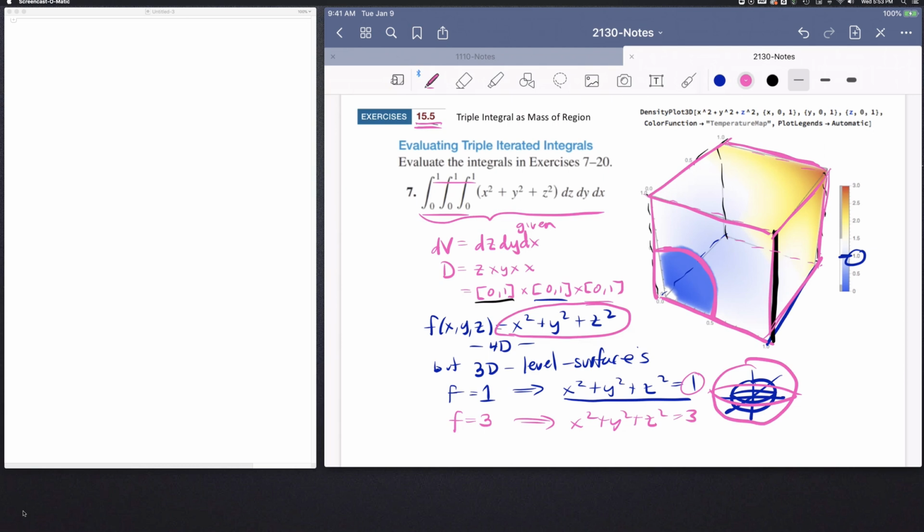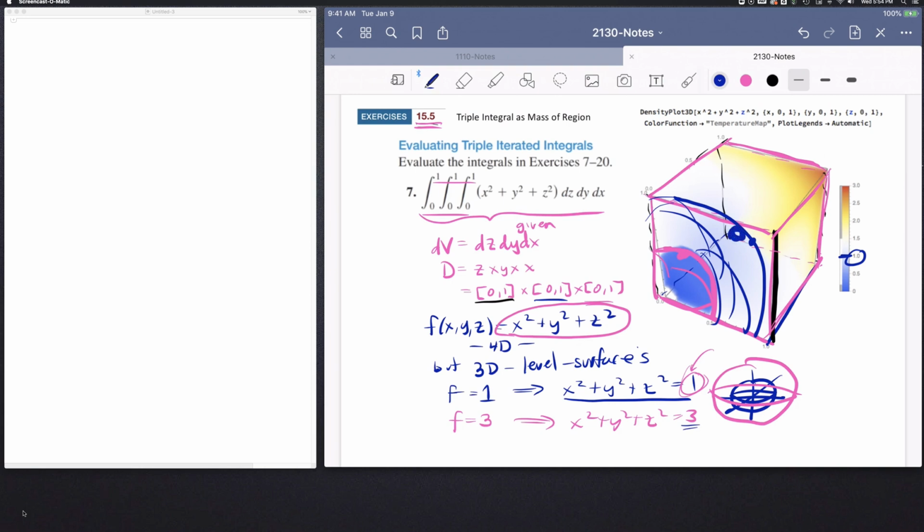The 1 is the density, for example, and all the points on that sphere of radius 1 are all at the same density. And then when you choose a different value, we will also see a sphere that is at a different density.